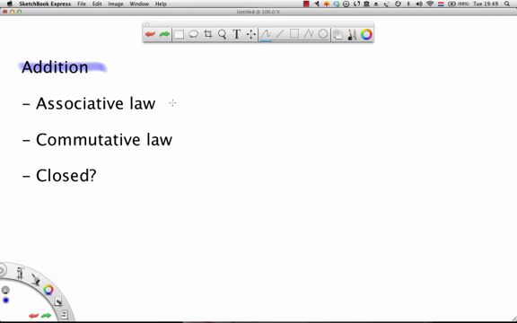First of all, the associative law applies, which says that if I have a matrix A plus B plus C, and I first add B and C, the result is the same as in the case I first add A and B. Commutative law obviously is true as well. So that's okay.